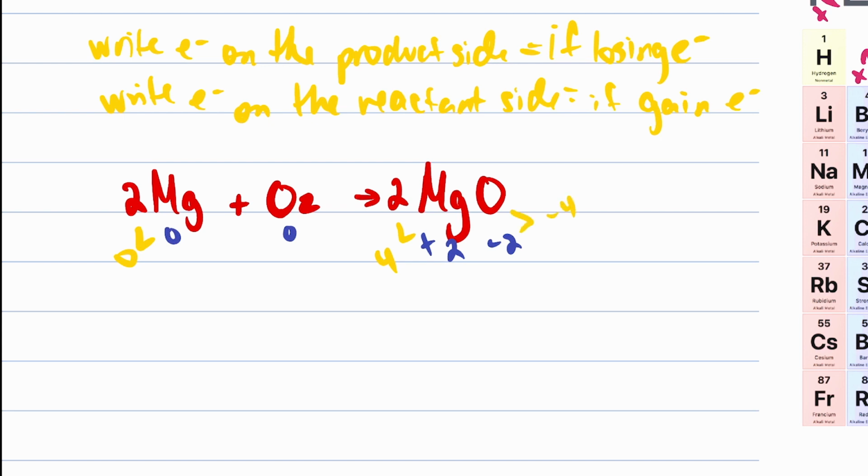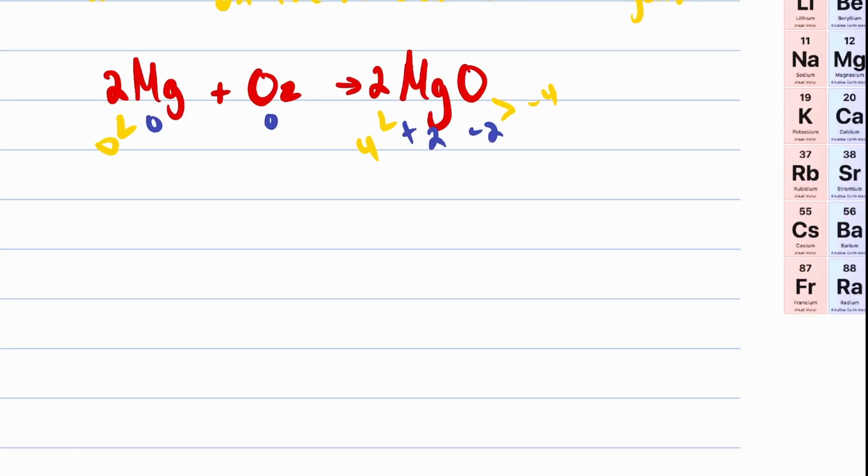To write the half reactions, I'm going to do the exact same thing, looking at one of them at a time, okay? So, magnesium, starting out. We have Mg, and over here, we had 2 Mg, and then we still had 2 Mg.